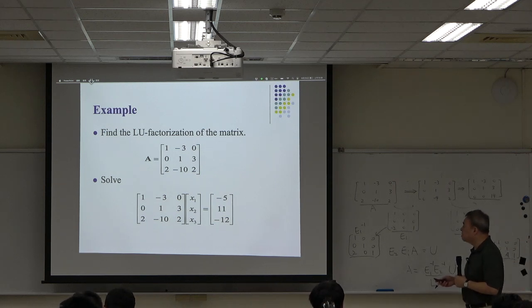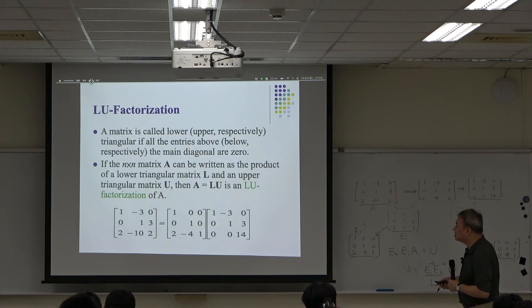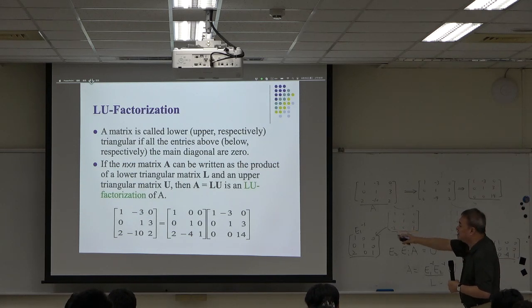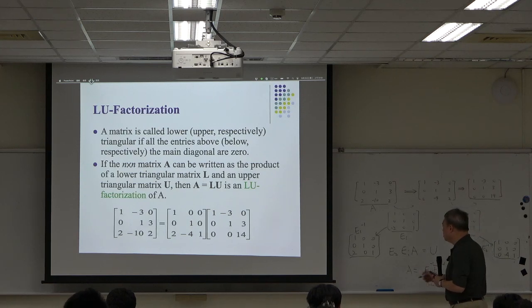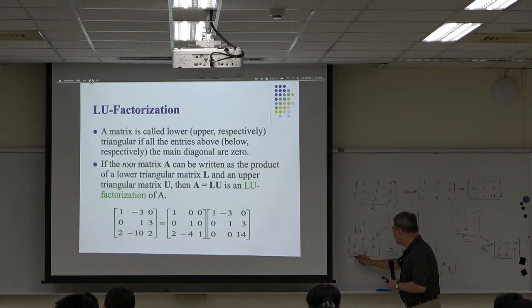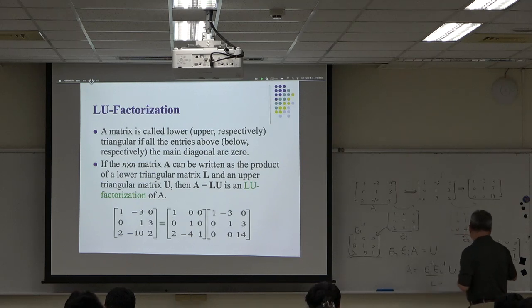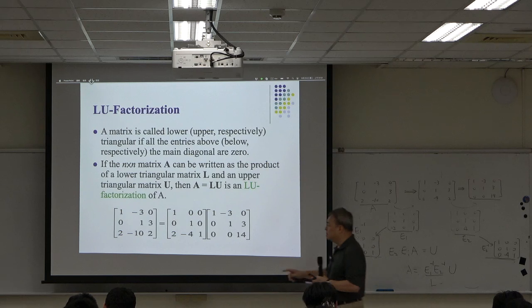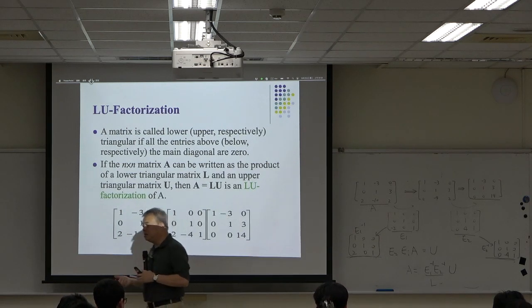Is this the same as what we have here? Yeah, it's the same as what we have here. So these two, we multiply this E1 inverse to this E2 inverse, you should get this. We can give it a try.